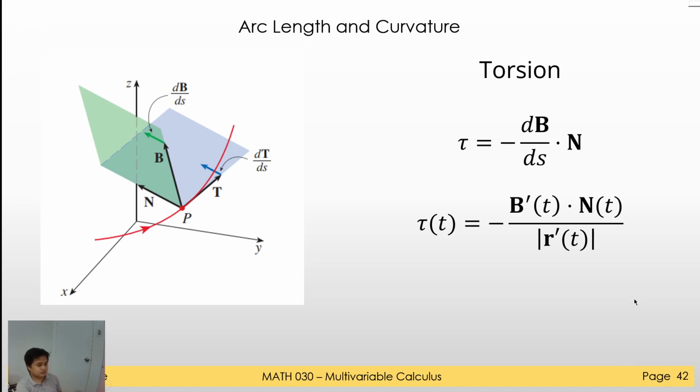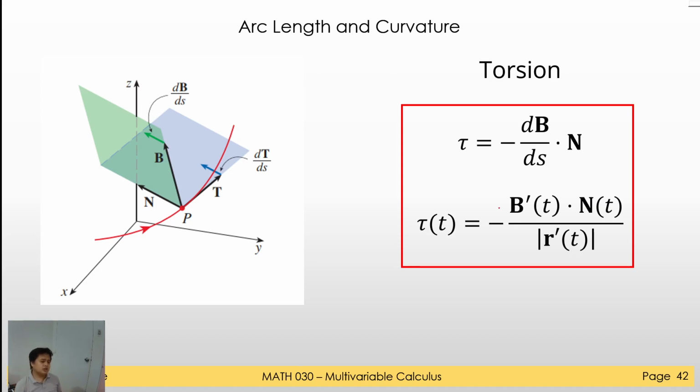So the torsion function, which is tau, is equal to negative the derivative of the binormal vector dot product of the normal vector over the length of the first derivative of your vector valued function.